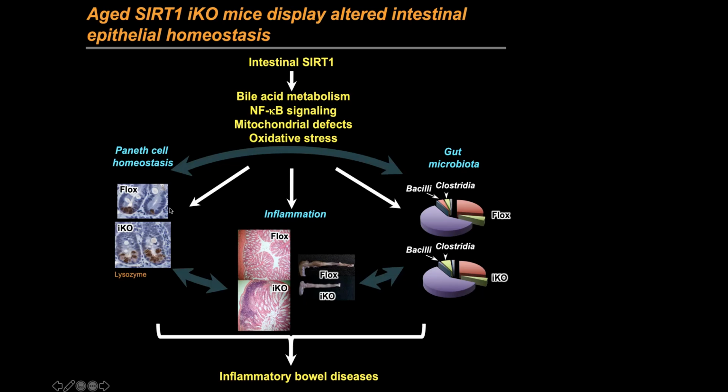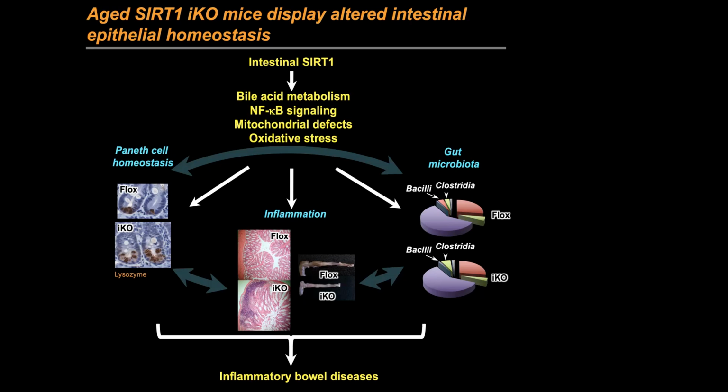Then at the morphological level, starting from 6 to 8 months old, we start to see hyperactivation of their Paneth cells, as stained by the Paneth cell marker lysozyme. And also around 1 year old, we can see increased lymphocyte infiltration in their colon, and the mice are sensitive to DSS-induced colitis.